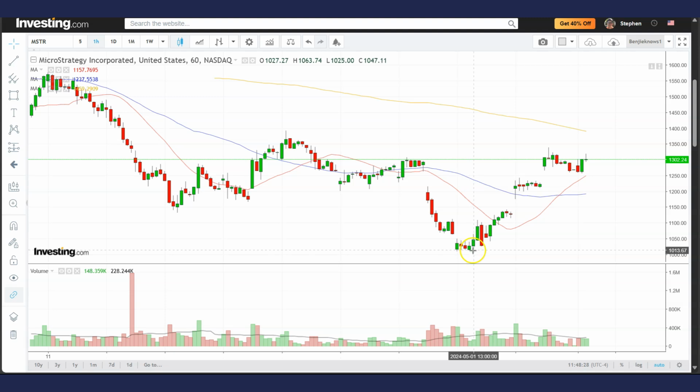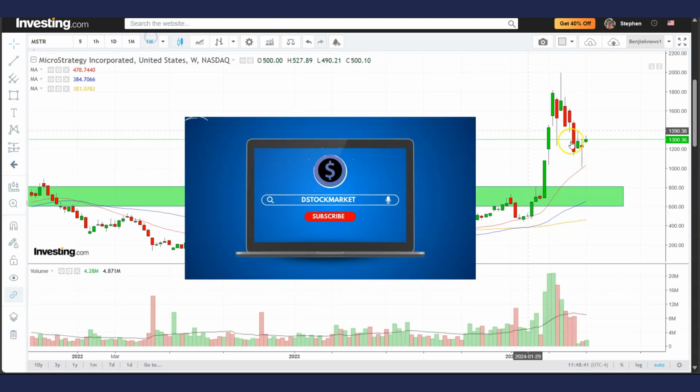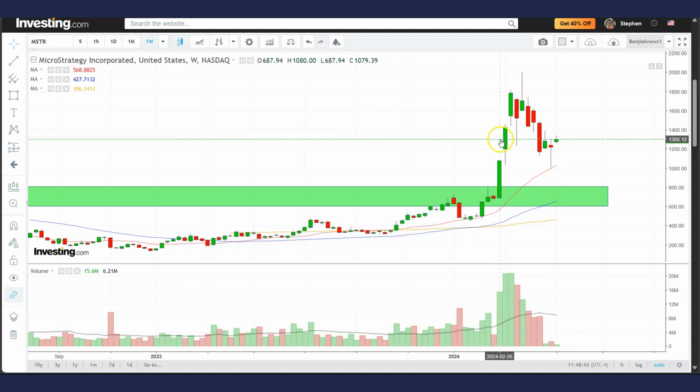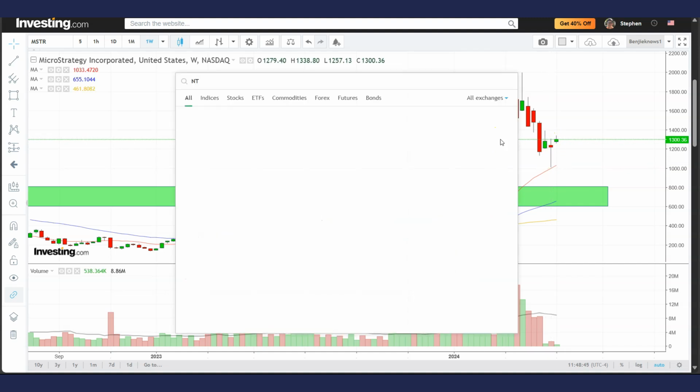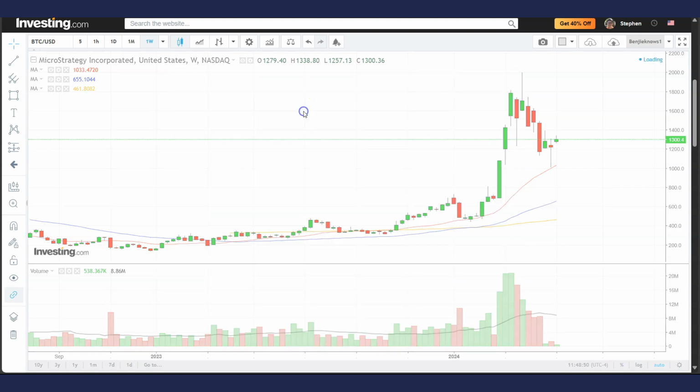Remember, I showed you the diagram just now. There was a sell-off, downtrend, and then the start of a new uptrend in the lower time frames. So this in itself is the weekly bottoming tail. Now there is a reason for it. If you look at this bottoming tail, we always have to look at Bitcoin if we look at MicroStrategy.